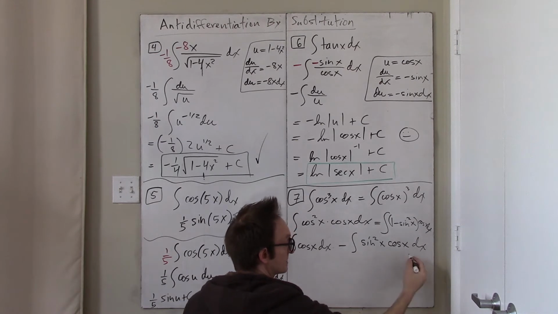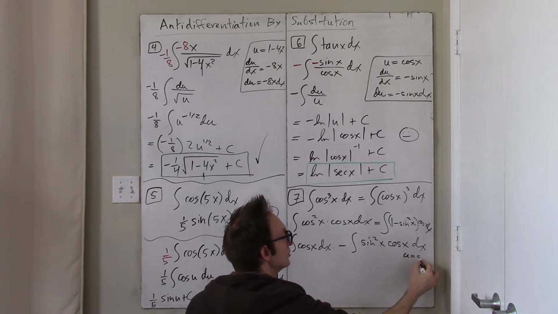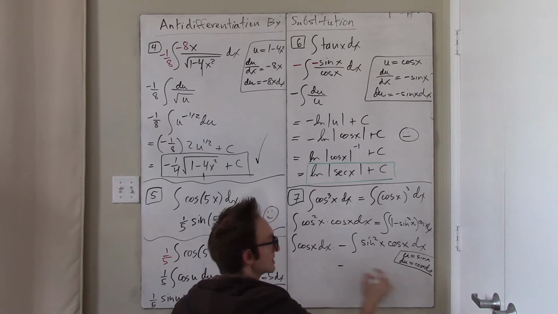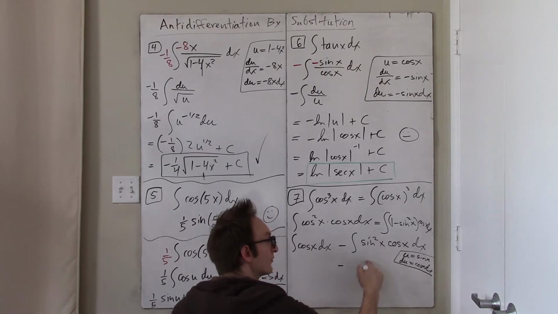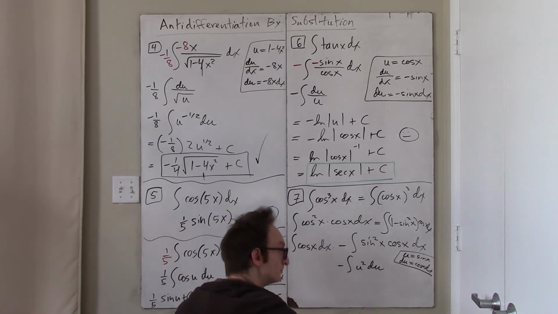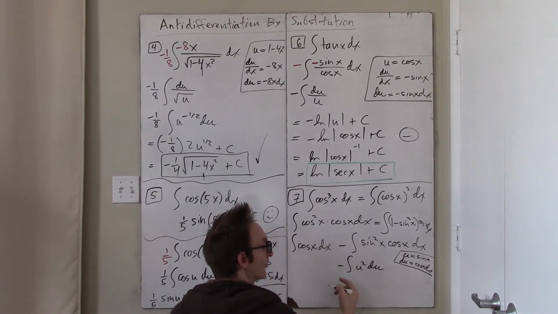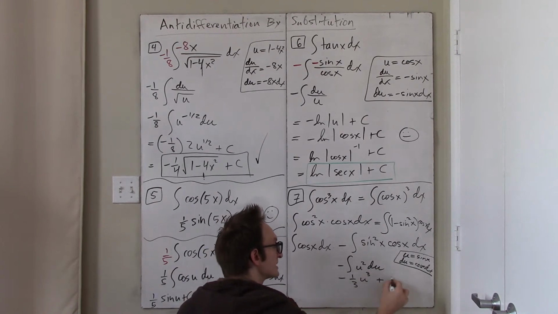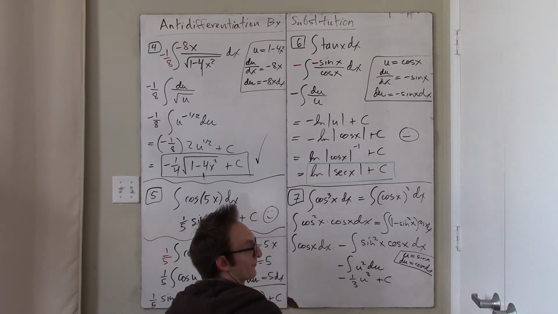So to solve just this problem here, if I let u be sine x, then du is cosine x dx. That's a step that people often do in just one step like that. So therefore this is really just negative u squared du, and therefore equal to negative 1/3 u cubed plus c, if you're following this.